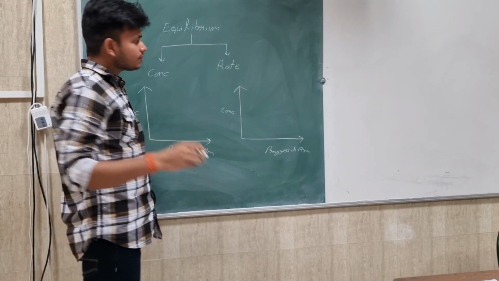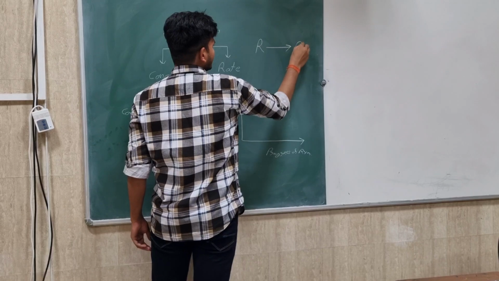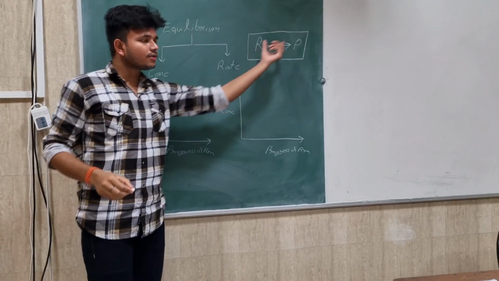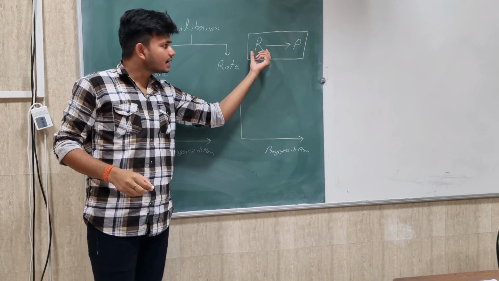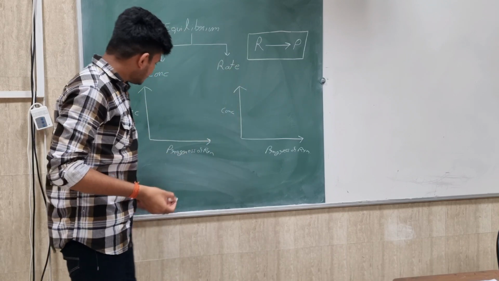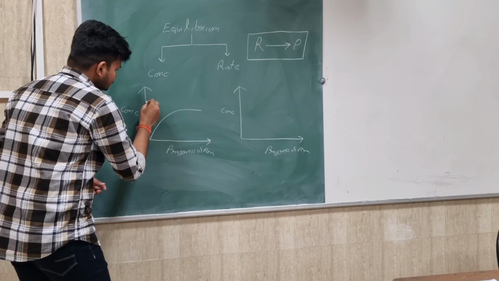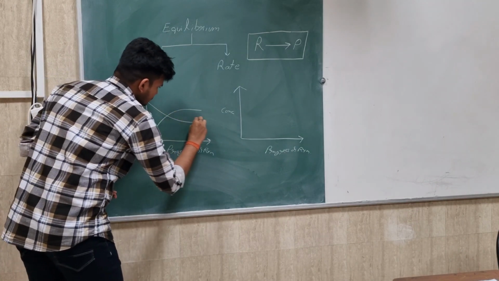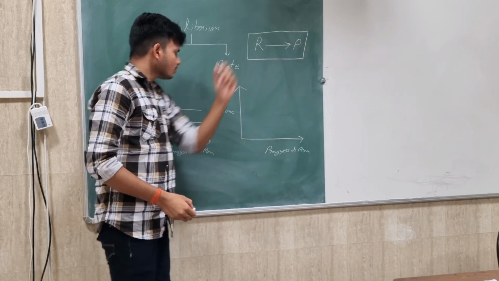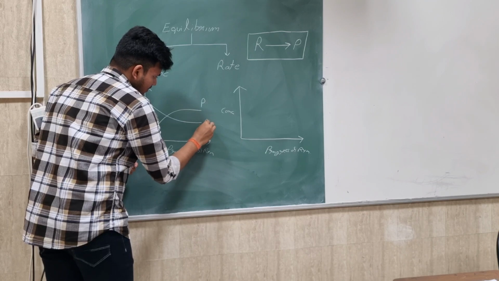We know if reactant converts into product, that means reactant is consumed and product is formed here. That means we can say, in the first graph and the second, if reactant is consumed here then product will be formed. So here this is the product, this is the reactant.